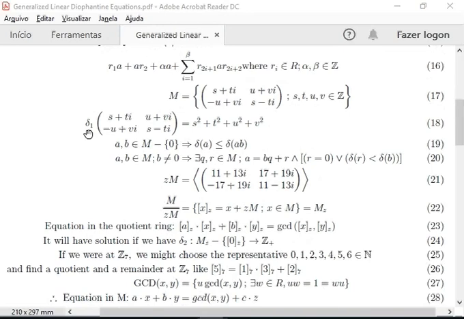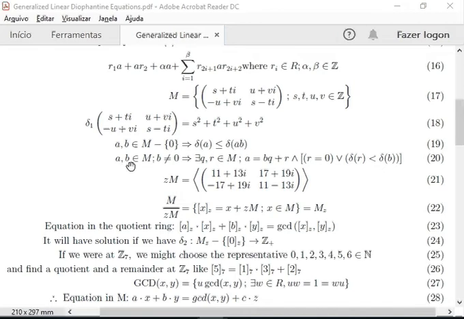Our delta of quaternions is s squared plus t squared plus u squared plus v squared. Remembering that if a and b are in M and are not 0, then delta of a is less than or equal to delta of a times b.